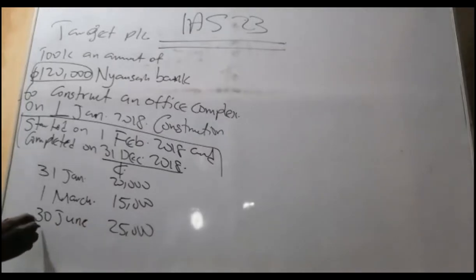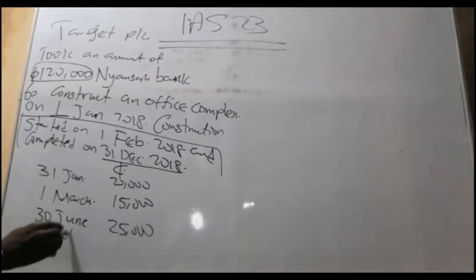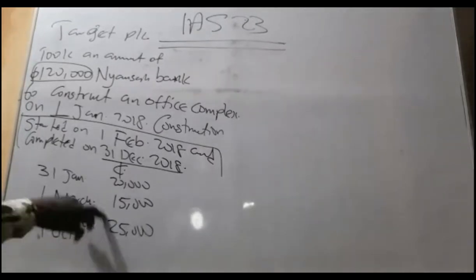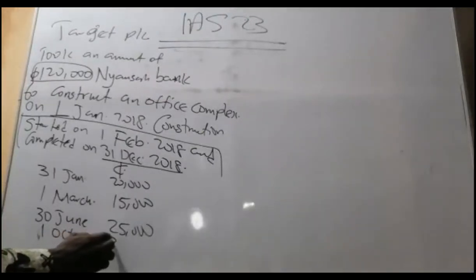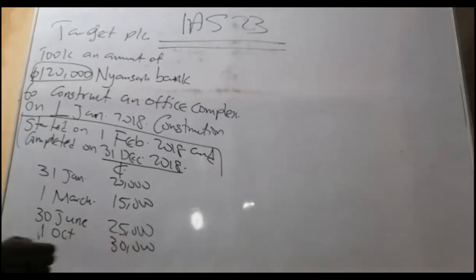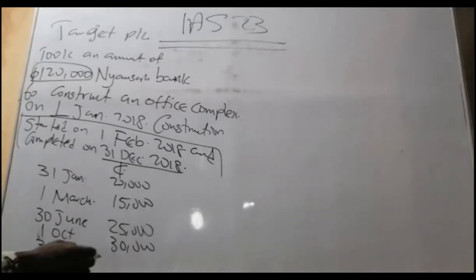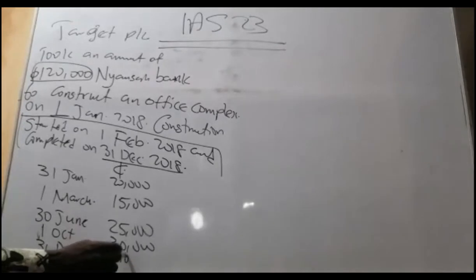Then on October 1st, we hand over 30,000 to the contractor. Then on the last day that we inspect the work finally, the work satisfied, that's on 31st December, we hand over the remaining 10,000 to the contractor.